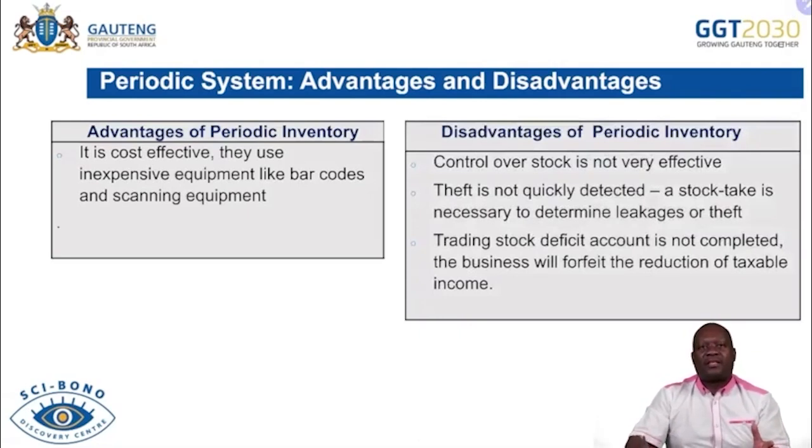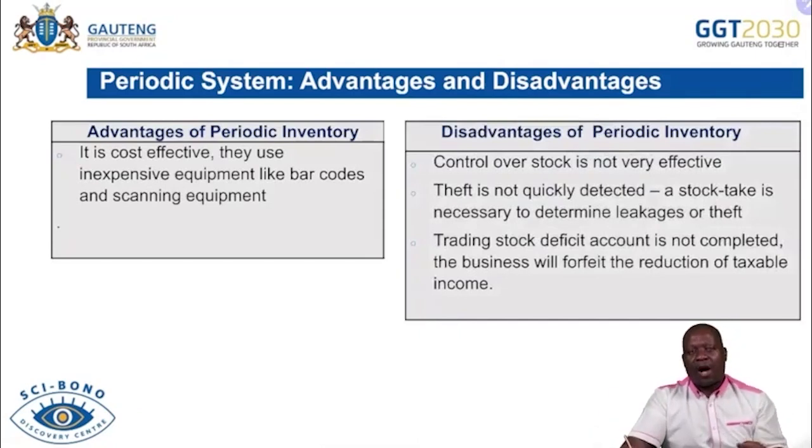Because the key here is all purchases are taken in and at the end we check what do we still have, and we are going to assume that everything that we are not having has been sold, and we say that's our cost of sales. But is it true? There are some that have not been sold, but they have been stolen.